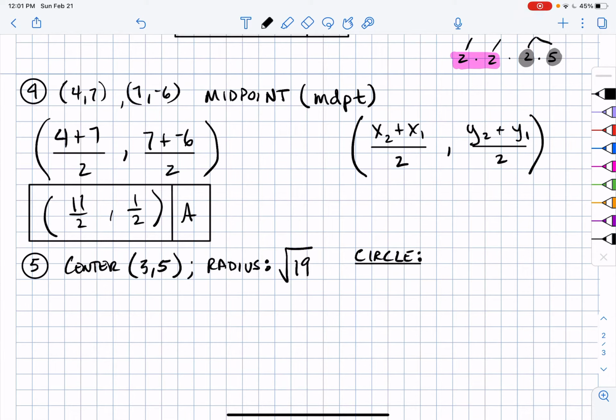the formula for a circle is this. It is x minus h squared plus y minus k squared is equal to r squared.